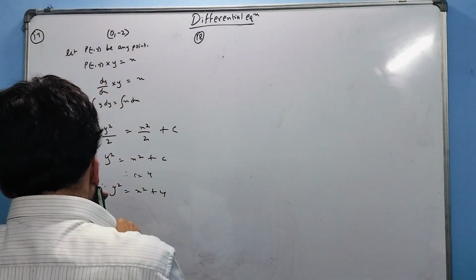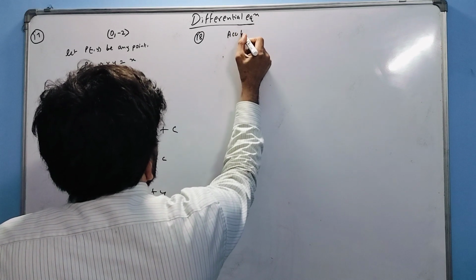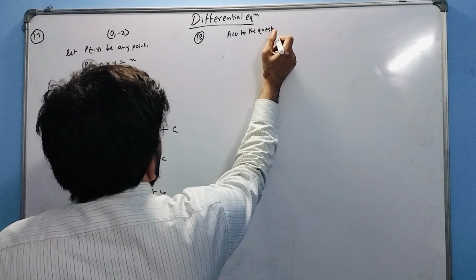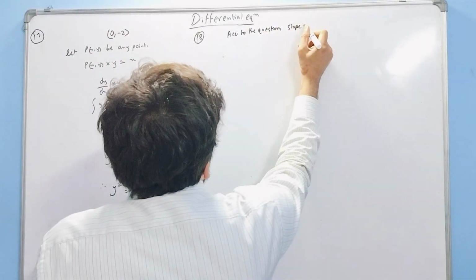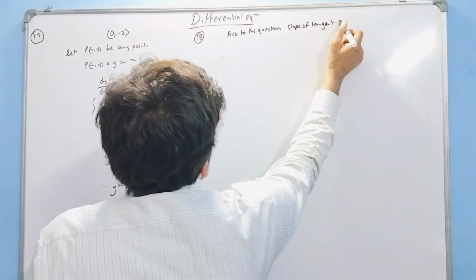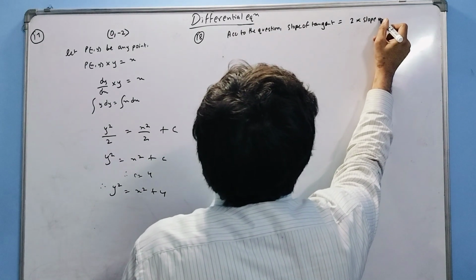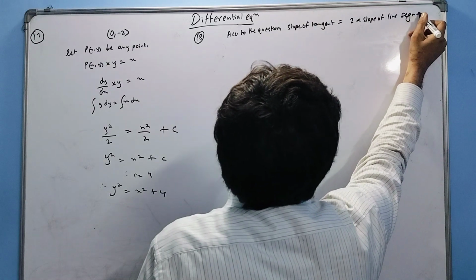So they are saying according to the question that the slope of tangent is equal to twice the slope of line segment.